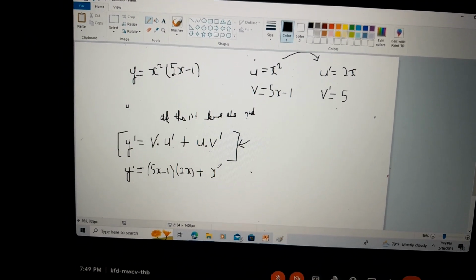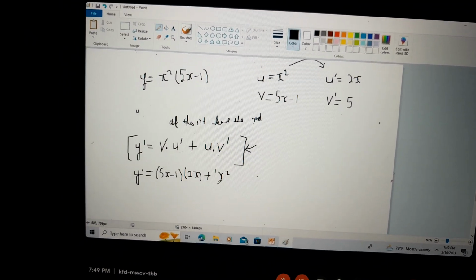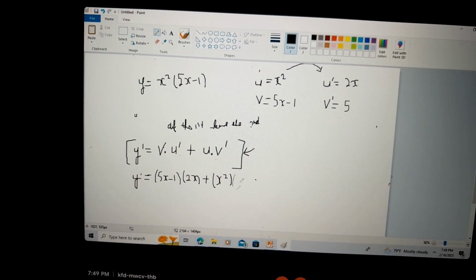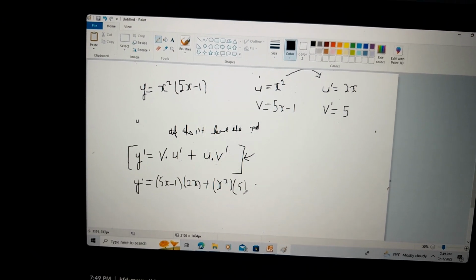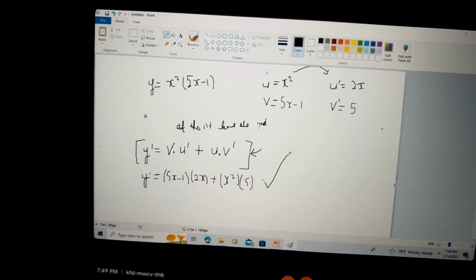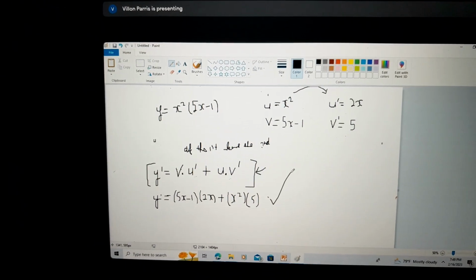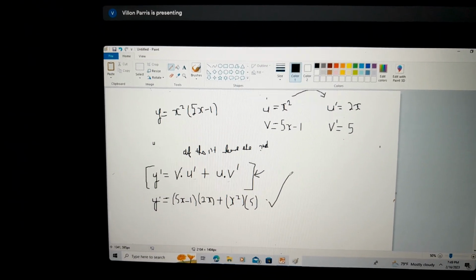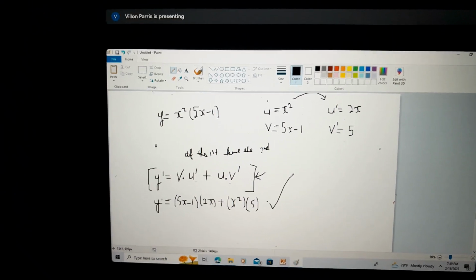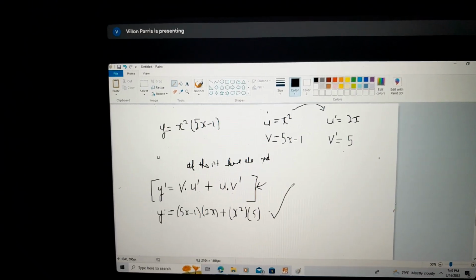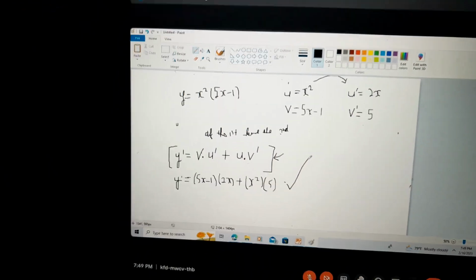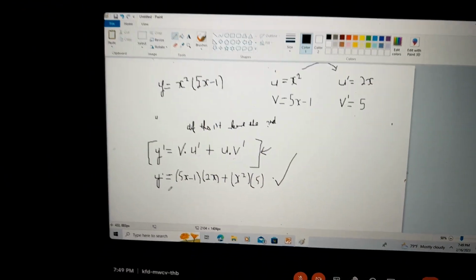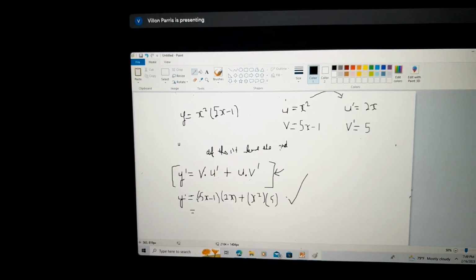Wonderful. And finally, by 5, the derivative of v. Wonderful. So basically, this is your answer. That's all you need to do. Anything after this is simplification. That's the product rule for you. It's just to neaten up your answer after this.